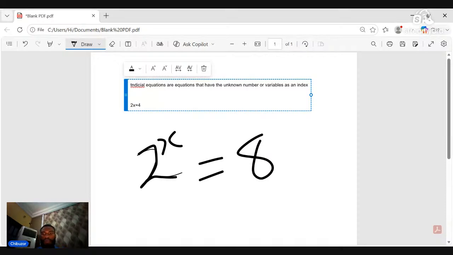In indices, you must have understood the laws of indices. So before we go on, I would like us to have a recap of the laws of indices.